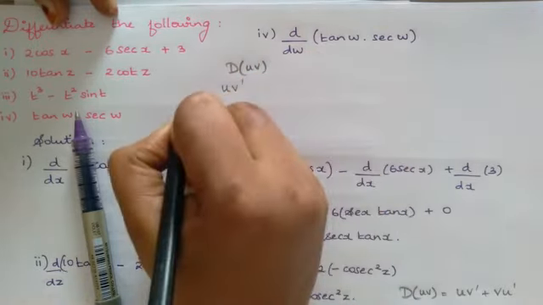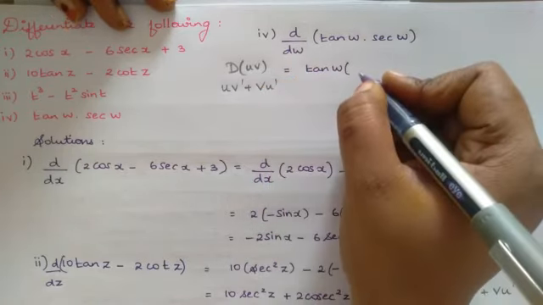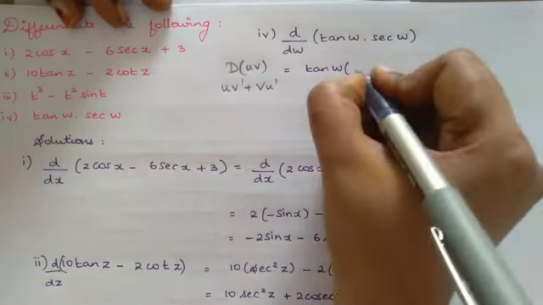Then let's have the second term as it is and find the derivative of the first term. So this will be d by dw of: let's have tan w as it is, find the derivative of secant w, that is secant w tan w, right? Plus have secant w as it is, find the derivative of tan w. The derivative of tan w is secant square w. The derivative work is over.